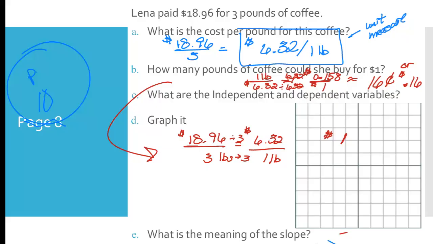So to get from $6.32 down to $1, we can divide by 6.32, which means I would take my 1 pound also and divide it by 6.32 to get an equivalent ratio. And when you take 1 divided by 6.32, that's when we got 0.158.